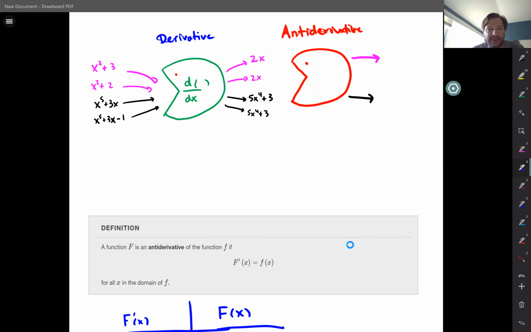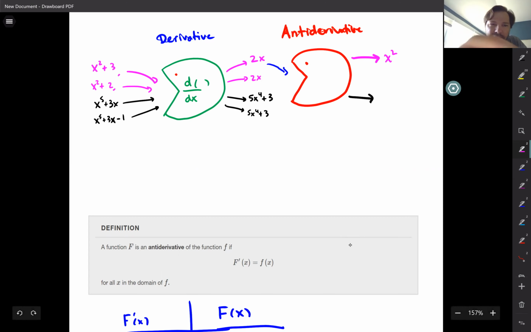Well, let's see. If I were to feed this 2x into the antiderivative, I'm not going to give it a name yet. What do we get? Well, we should get x squared plus 3, or plus 2, or plus something, right?